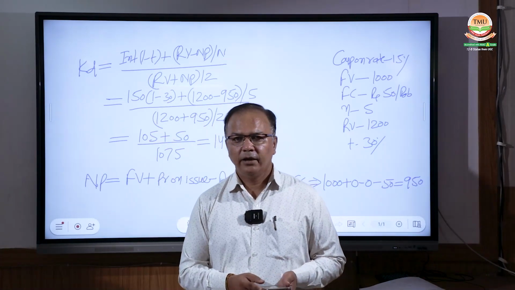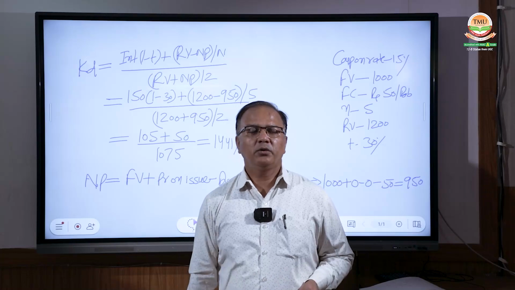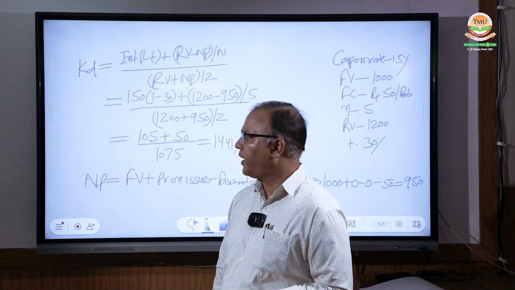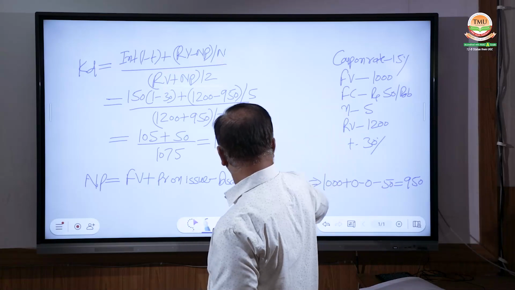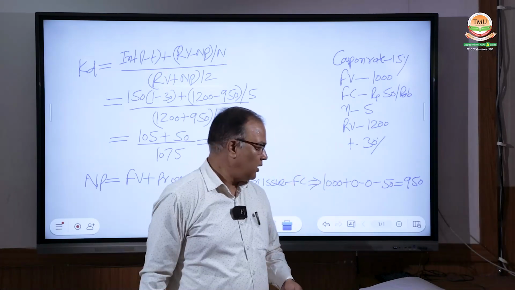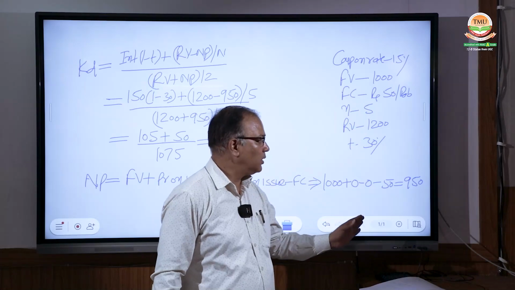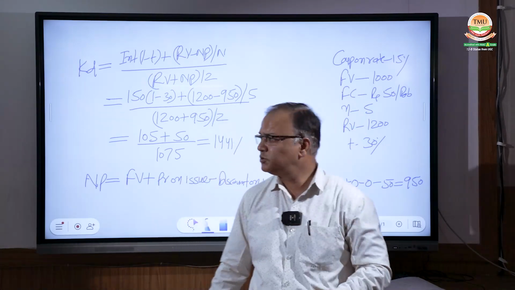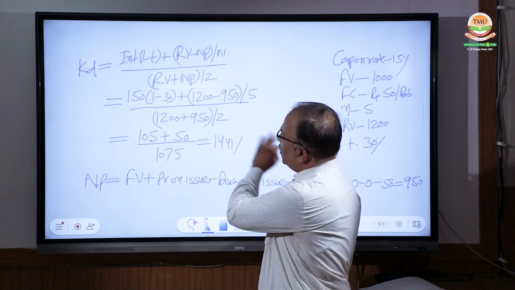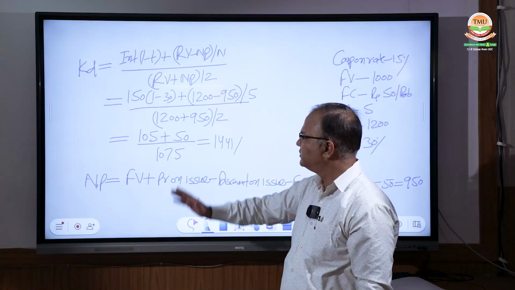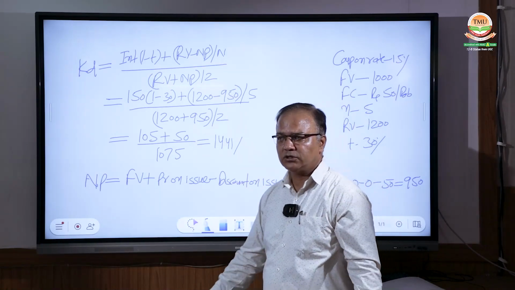So I think it should be clear to all of you. It's very easy numericals. Simply what I did, I wrote down the information which was given in the question on the board, used the formula and put all the information which was given in the question, and simply we find the solution.